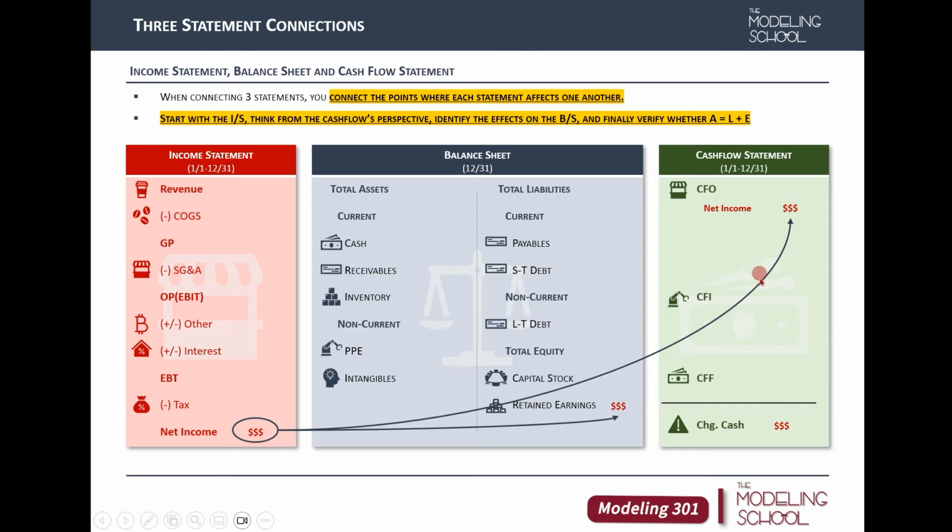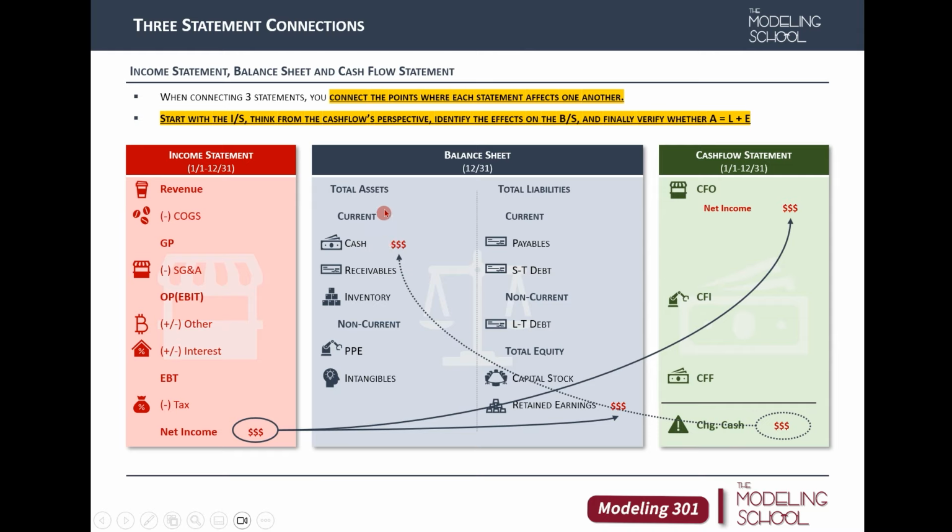So those adjustments are going to be made in between these two items, and they're going to categorize the adjustments, whether they're related to operations, investing, or financing. So adjustments are going to be made, and that's the end of the cash flow statement. Lastly, the ultimate change in cash affects the cash balance of the balance sheet at year end.